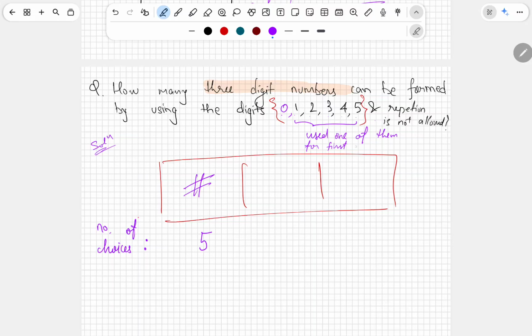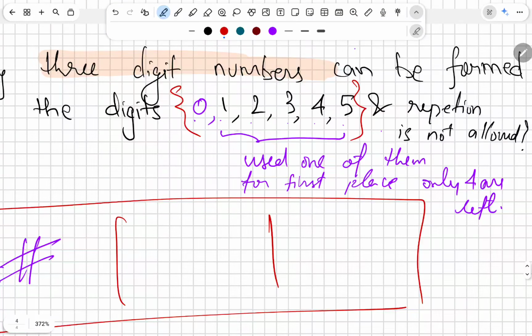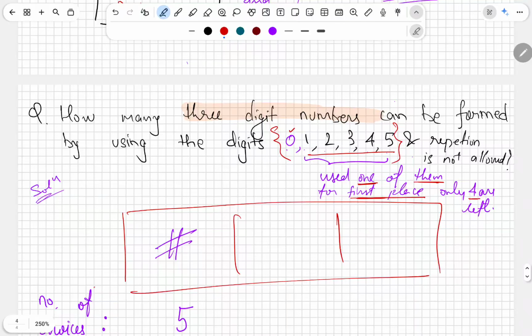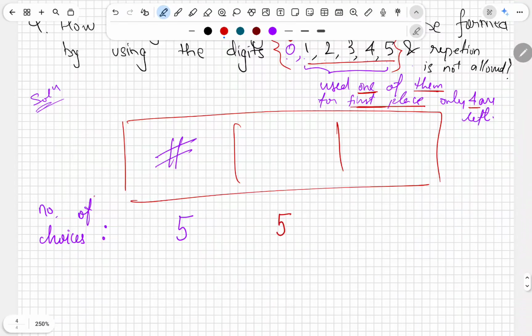So out of these 5, only 4 are left. Read this with me again. Out of the entire sample space 1, 2, 3, 4, 5, I have used 1 digit for the first place. So out of these 5, only 4 are left. Now only 4 are left and this 0 is also left. 4 plus 1, I have 5 choices again. For the second place, I have 5 choices.